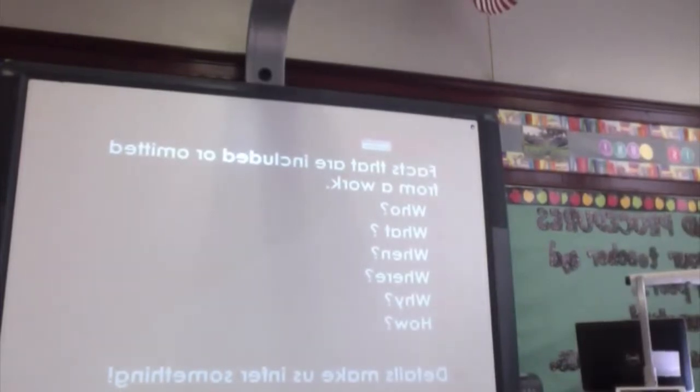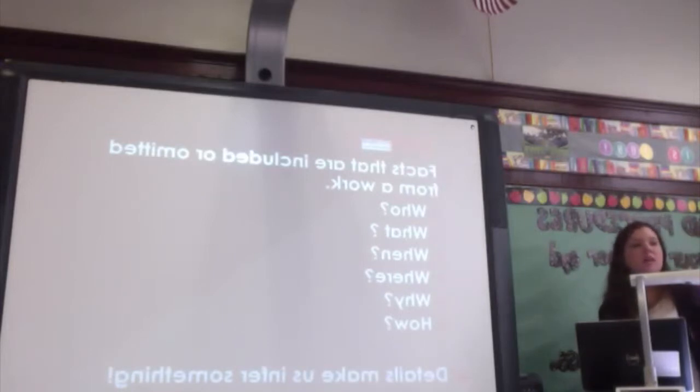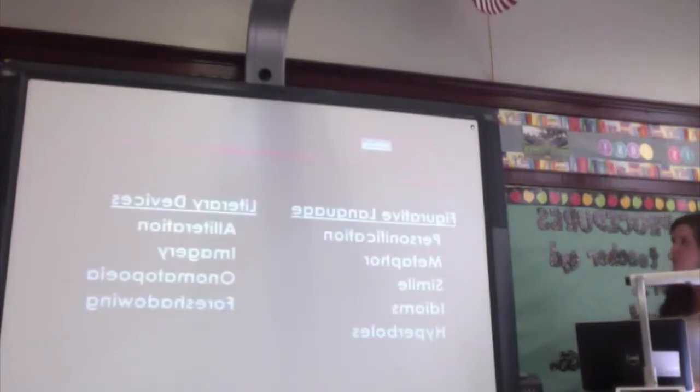They also make us infer something, okay? And inference is important because it may not be directly stated, but you can learn from that where our author is going, okay?